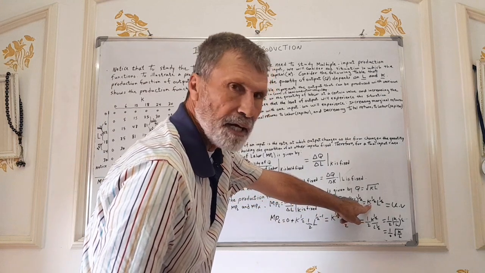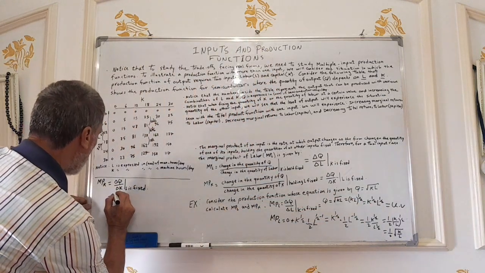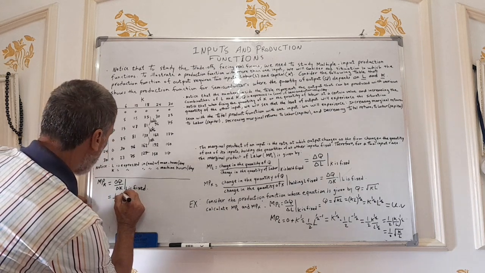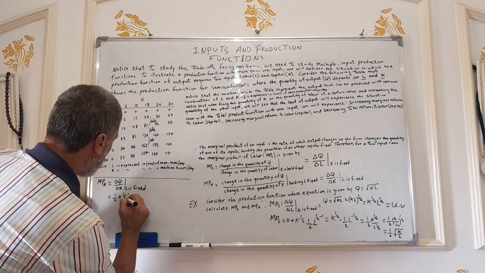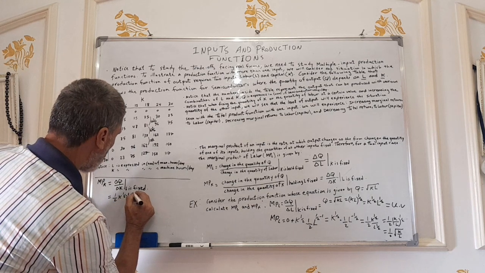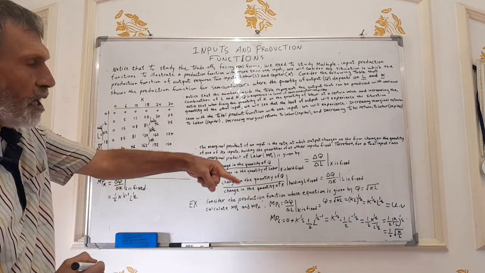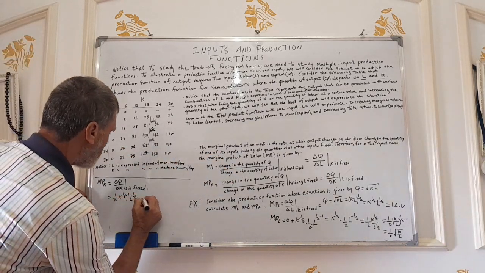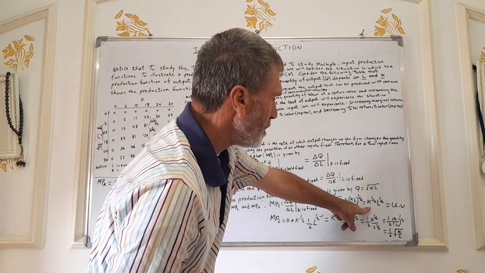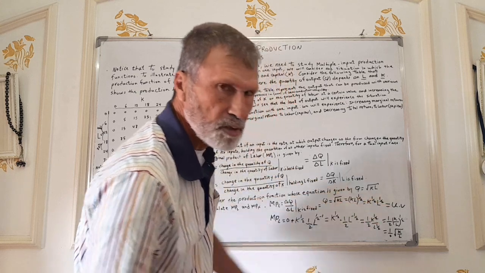Now we're talking about K, so U prime, the derivative of this, is 1/2 K^(1/2 minus 1), and this is V over here. Now plus U V prime, which is 0, because the derivative of L is 0, since it is constant.